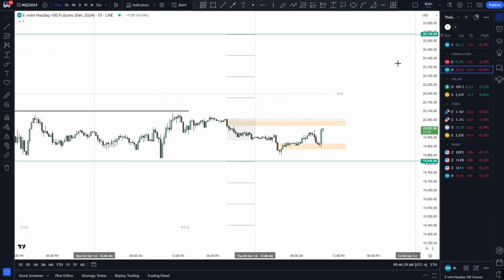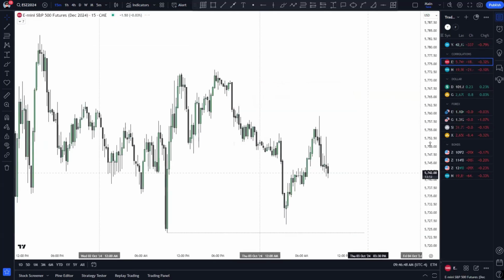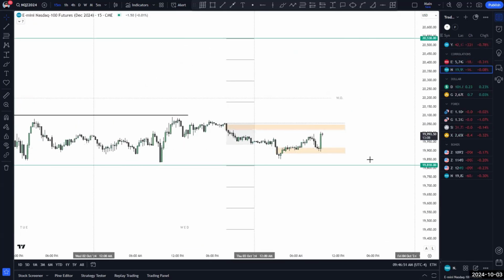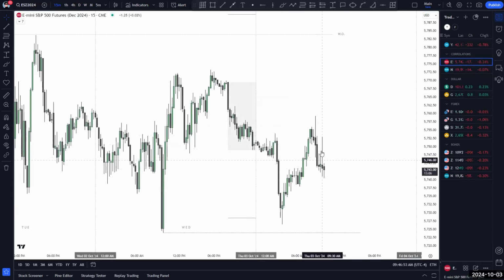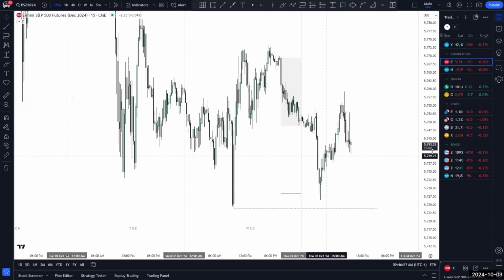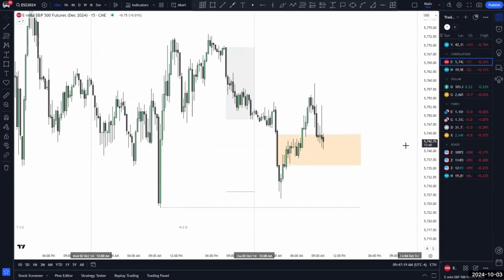We can see the Nasdaq pushing back higher into this fair value gap level. When the Dow Jones and Nasdaq are in opposite directions, the S&P consolidates. So look at the S&P, it's just chopping around. Got this inversion here. I think the S&P could maybe push higher.